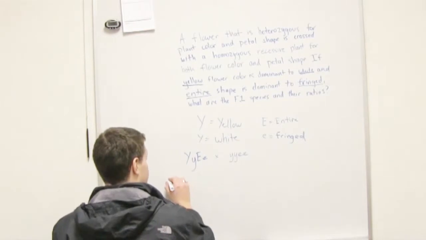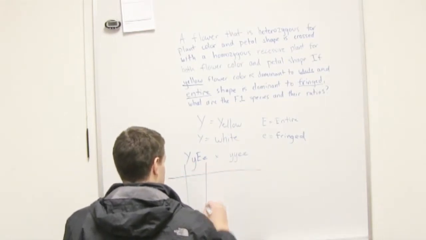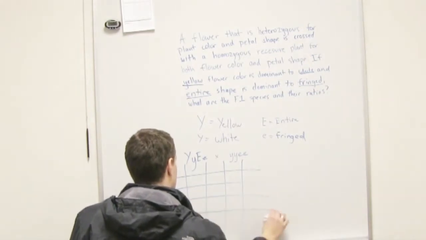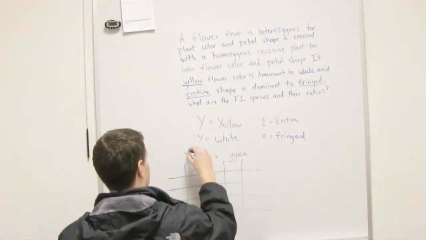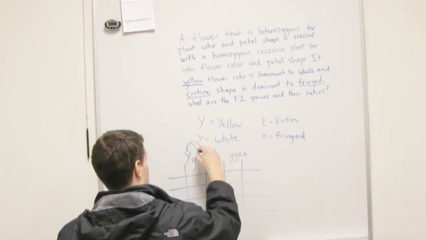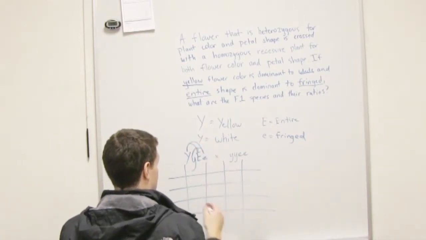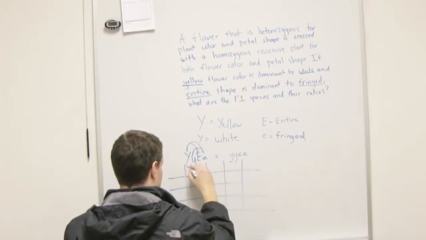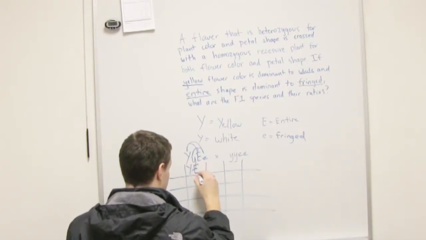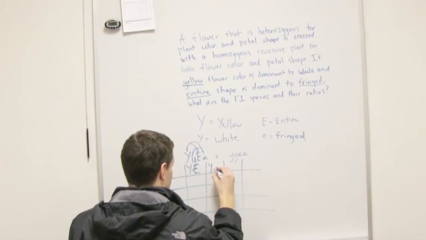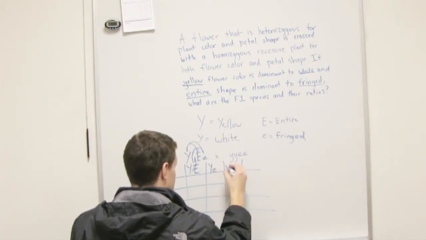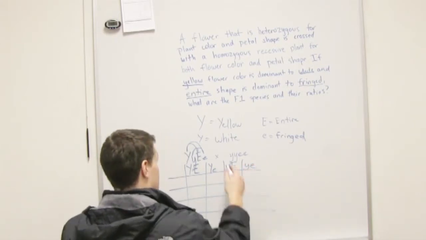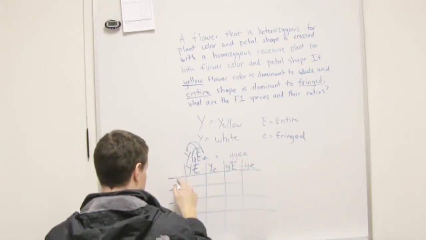So what we do is we split up the alleles like this. You have these possible combinations, and you list these possible combinations in these top boxes here. So you have capital Y capital E, capital Y lowercase e, lowercase y capital E, lowercase y lowercase e. And then in the following, you just do the same, but you put them here.